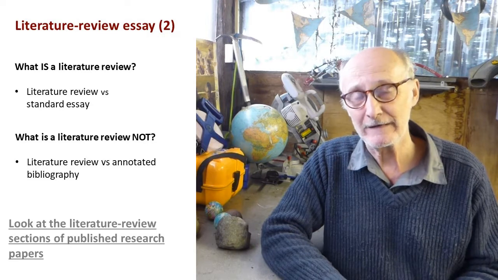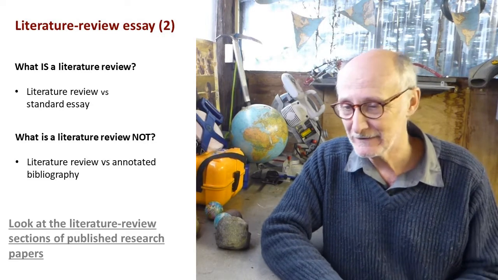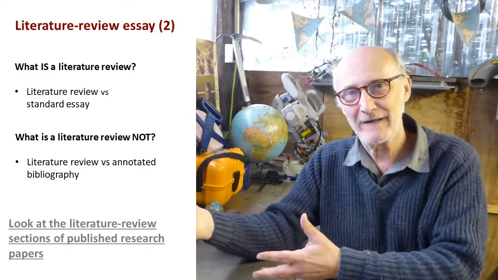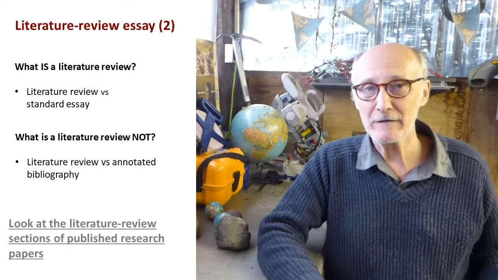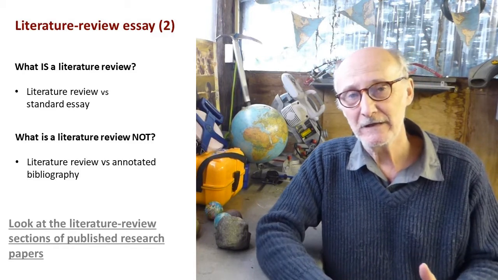Now, you will have encountered literature reviews before, whether you realise it or not, because whenever you've looked at published research papers, papers where they published an article saying there was this important problem, so we went out and did some research, and this is what we found as a result, almost always in those papers there's a section early on which is essentially a literature review, because that's the way research stories work.